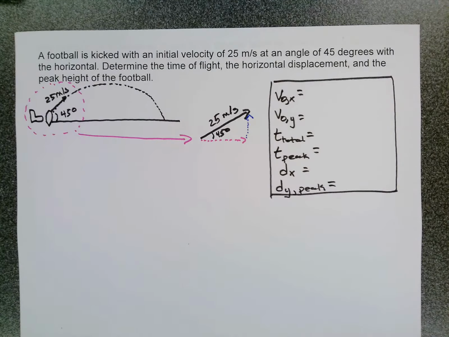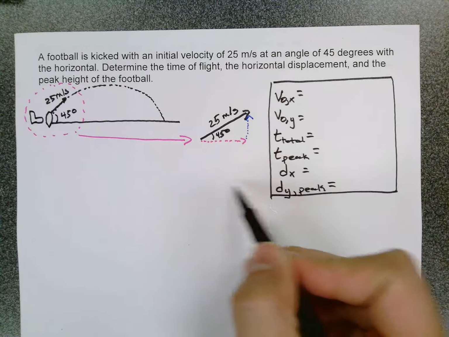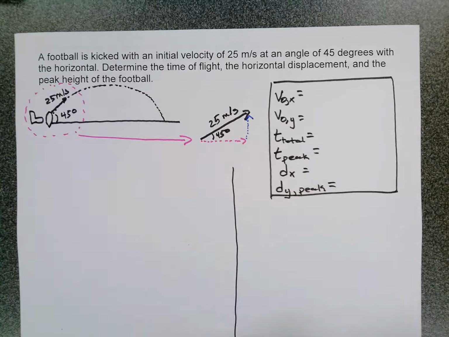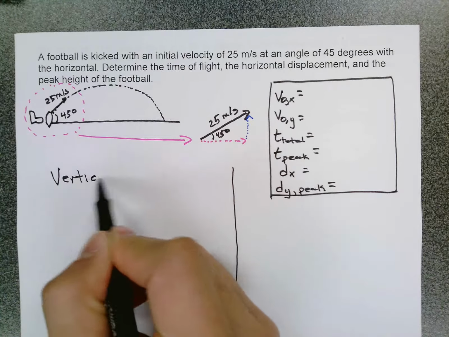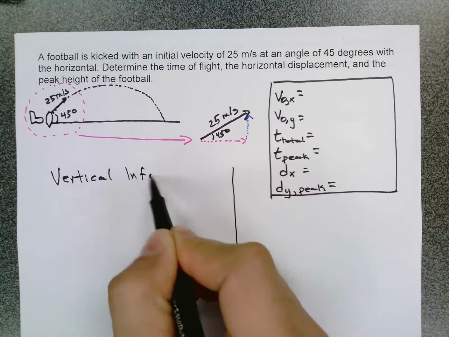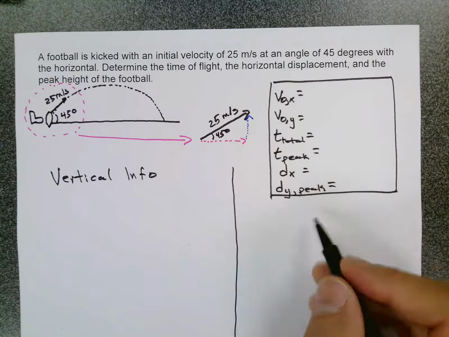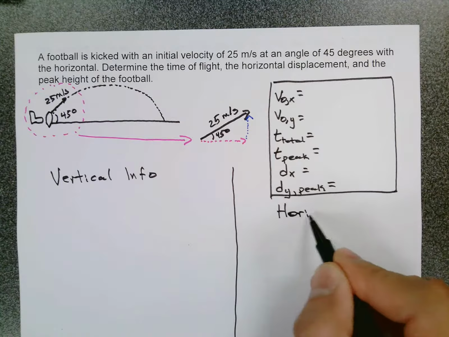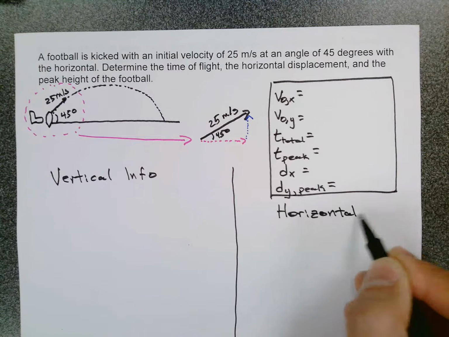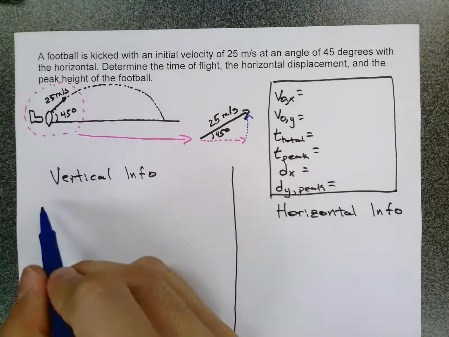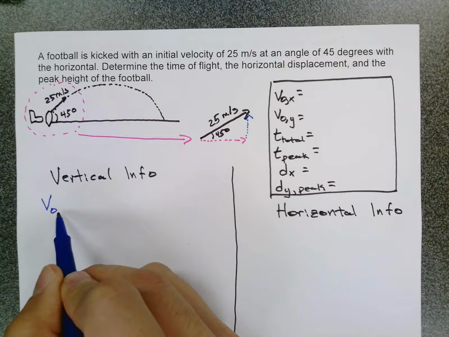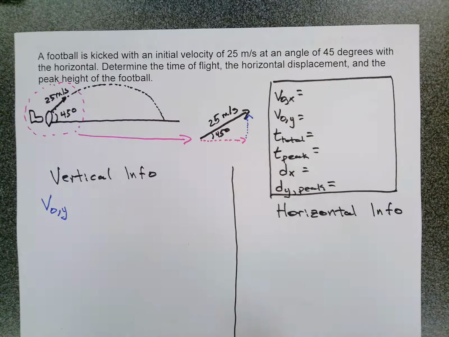One other way I'm going to organize all of my answers is to have a side dedicated to all of my vertical information and one dedicated to my horizontal information. To start with our vertical information, I'm going to find our velocity initially in the y direction, which is vertical.